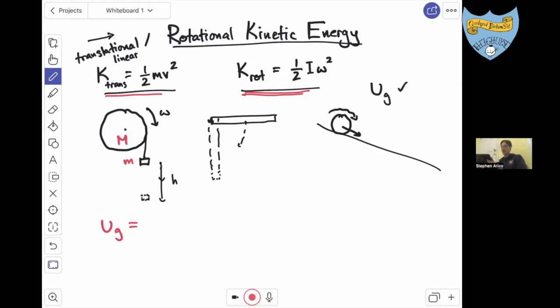After the weight falls some distance, it's moving downwards, so it will have translational kinetic energy, and also the pulley will have rotational kinetic energy. We'll get into the nitty-gritty of that in a little bit.